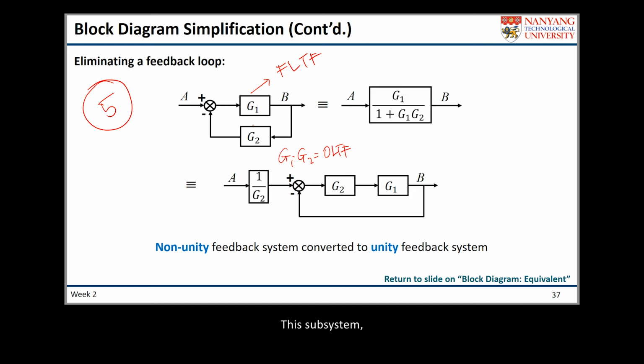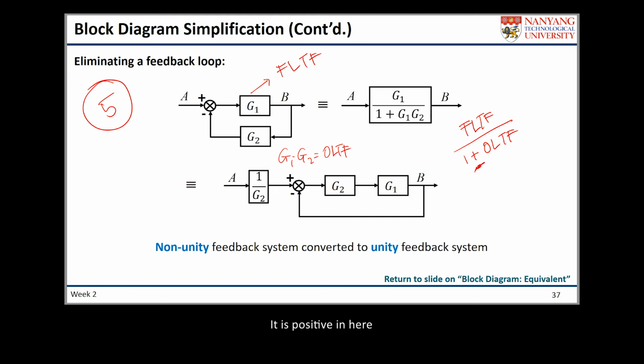This subsystem, the subsystem that looks like a feedback system, we can replace it with a single block where the equivalent transfer function can be evaluated as the equivalent transfer function of the closed loop system. You still remember the equivalent transfer function of a feedback system will be equal to the forward loop transfer function divided by 1 plus open loop transfer function.